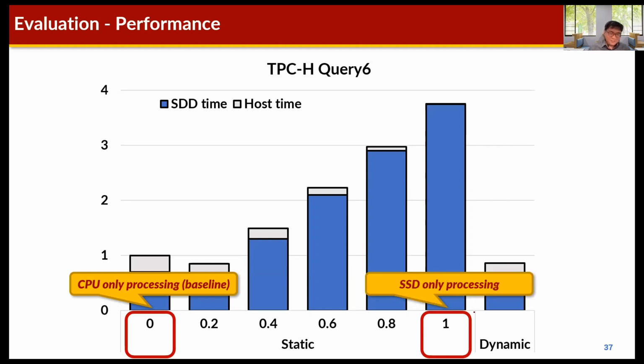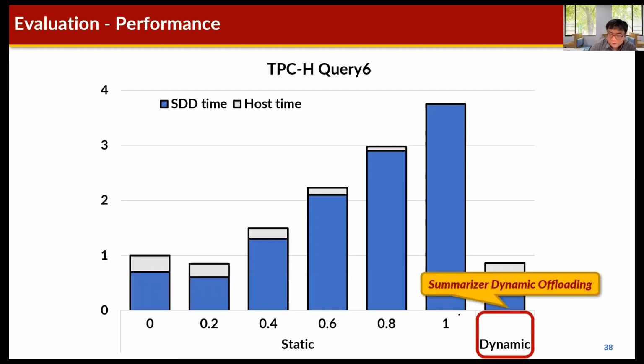It's ridiculous because the computation ability of the SSD processor is very low compared to the host CPU, but we can apply SSD-only processing because it's a dynamic geodata processing, meaning the entire data is processed by SSD processors.